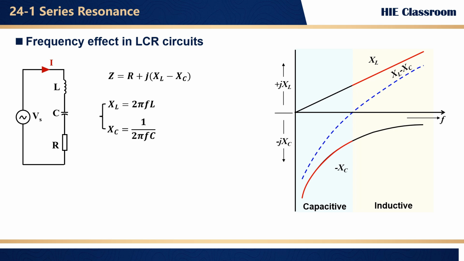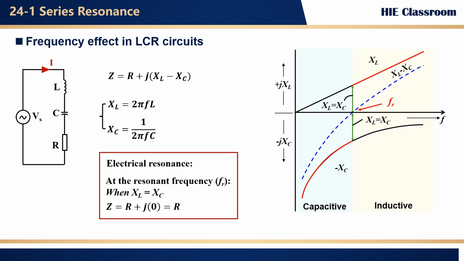Here's where it gets interesting. There's one special frequency, let's call it Fr, the resonant frequency, where XL and XC are exactly equal. When that happens, XL minus XC equals 0. Plug that into our impedance formula and Z just becomes R. No fancy j stuff, no reactance, just the plain old resistor.